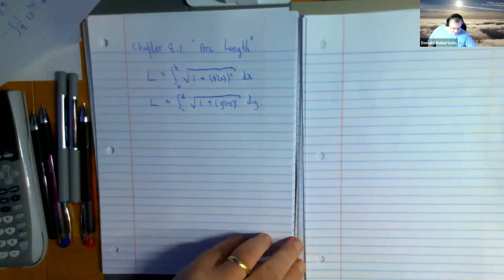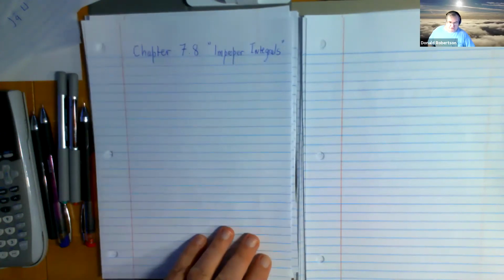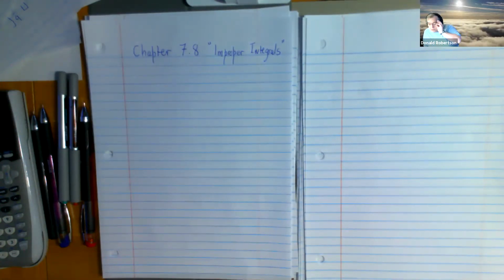So we are going to start today, and we won't get it finished because there's tons in it. A topic called improper integrals. So we'll finish it, I hope anyway, on Monday.